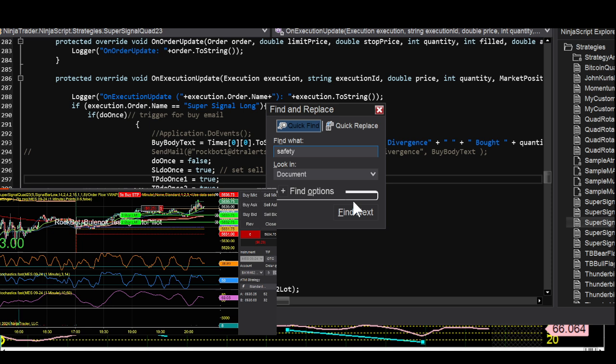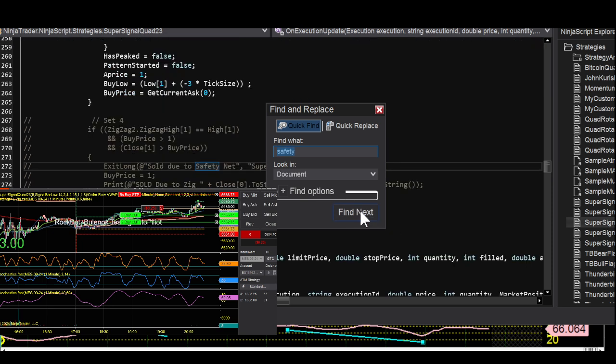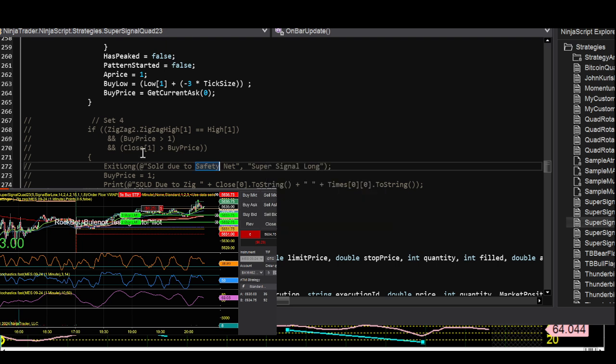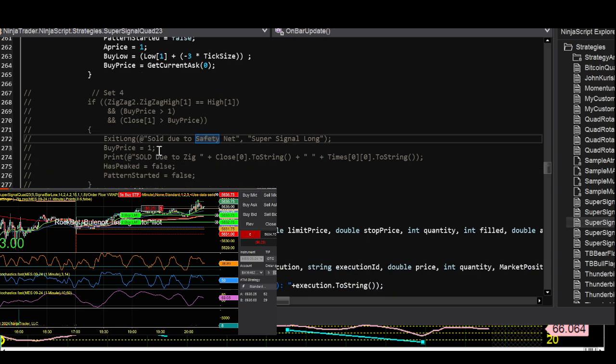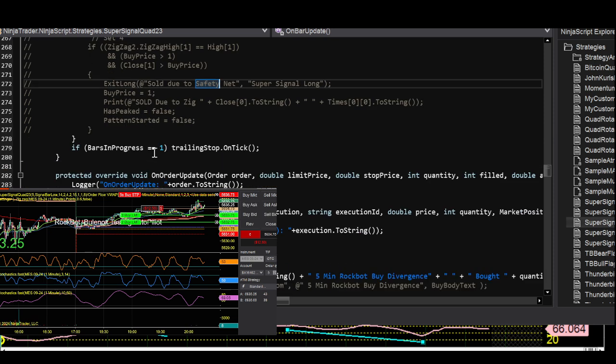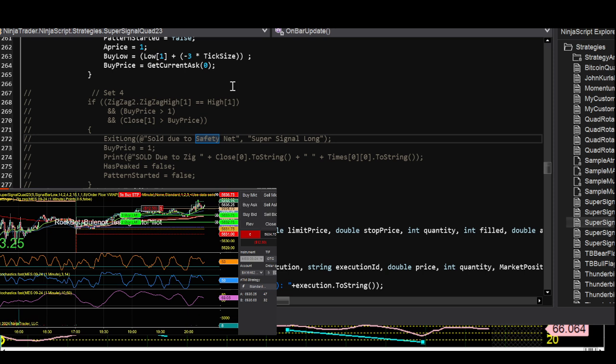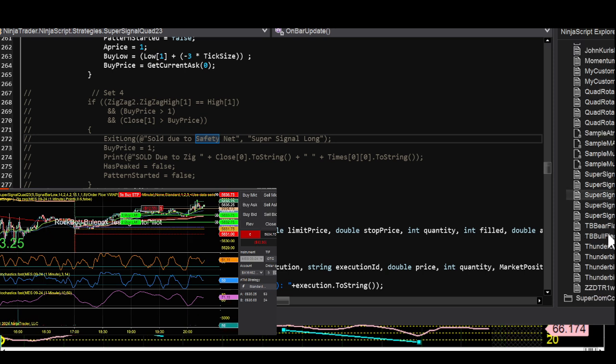I don't see anything. Safety net here, see that? I'm not running a safety net, but that is my safety net script right here. Exit long, sold due to the safety net. Super signal long. I'm going to have to rebuild that. That was on my set 4. Alright, I still have it. I wonder if I have it activated somewhere.